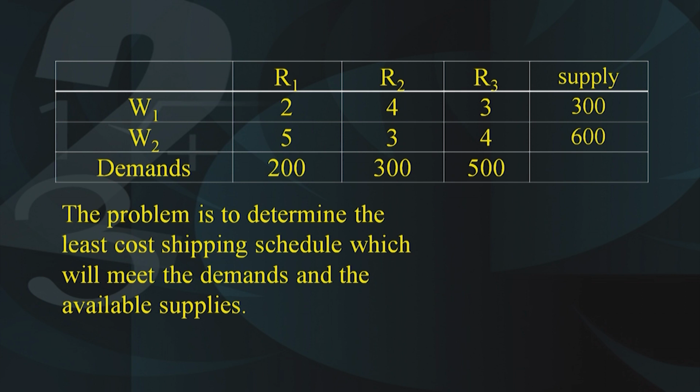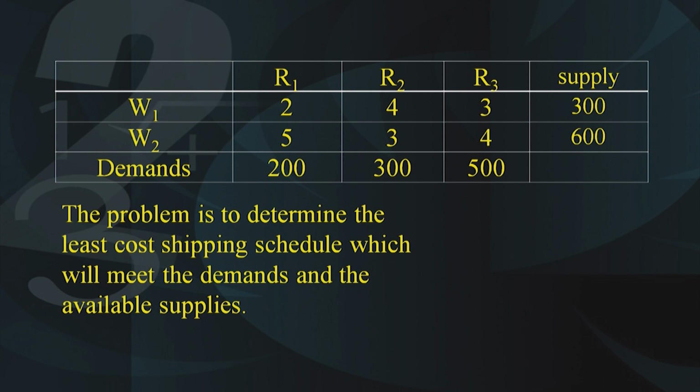The supply at the 2 warehouses is given to be 300 and 600 and the demands at the retail outlets are given to be 200, 300 and 500. Now, the entries in the table indicate the cost of transporting 1 unit of the goods from Wi to Rj.